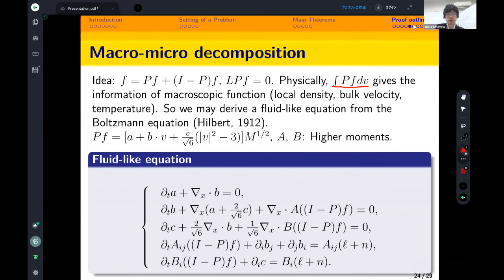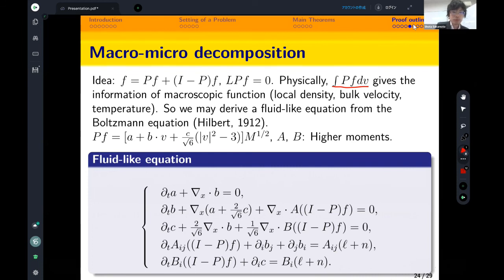So we may derive a fluid-like equation from the Boltzmann equation. This idea goes back to Hilbert in 1912. He did not use this idea for the energy estimate, of course. He invented this idea to consider the relation of the Boltzmann equation and fluid equations, Navier-Stokes or Euler, etc. It was rather recent that this idea was adopted to close the energy estimate.